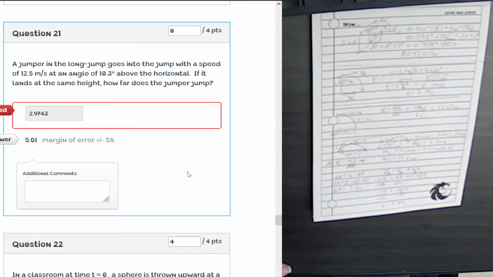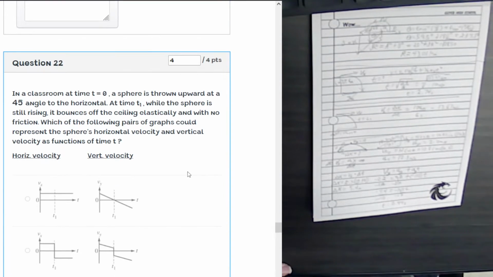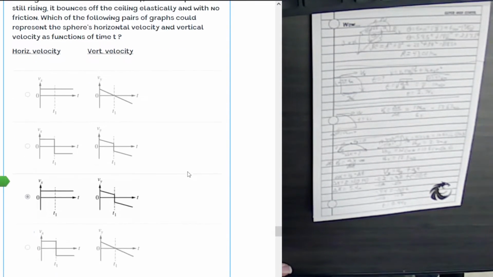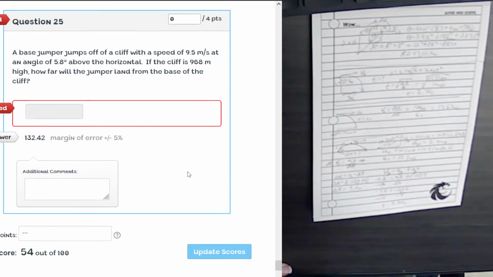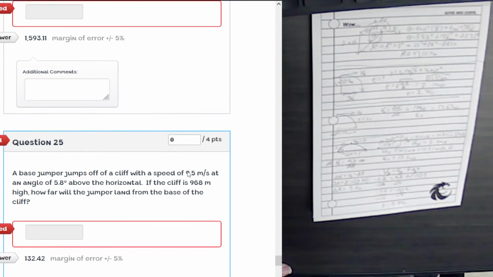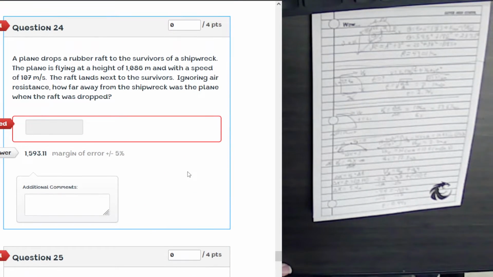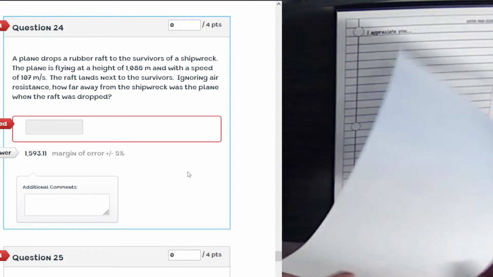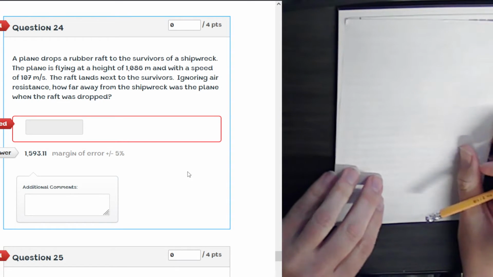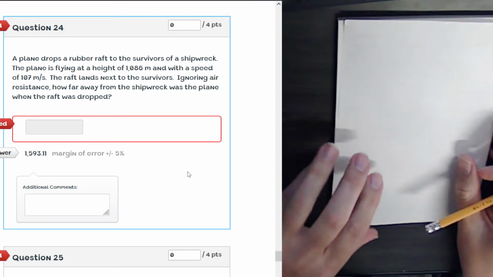Alright, so we got that. So looks like 22 was good, 23 was good. So we got 2 more left here. So 24 says okay. Plane drops a rubber raft and survives as a shipwreck. The plane is flying at this height with the speed of that.